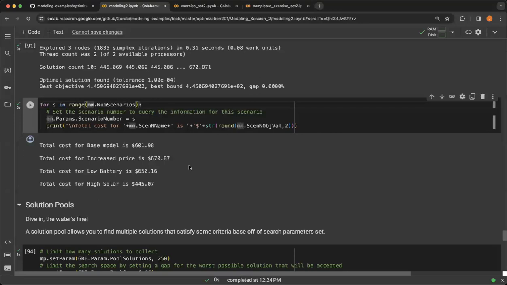So because of that capability that we allowed into the model to work that way, that extra solar availability was really good to limit the cost there.